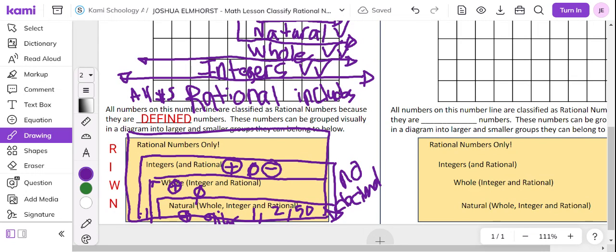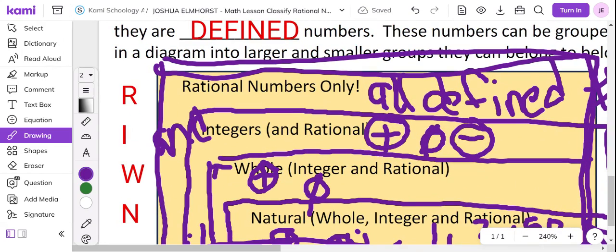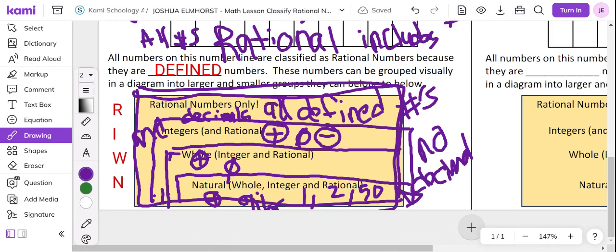And then all of these numbers go up into the greatest box or classification, which would be rational numbers, which would be all defined numbers, including decimals.